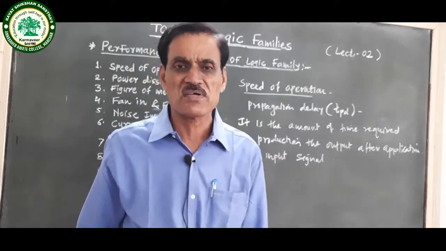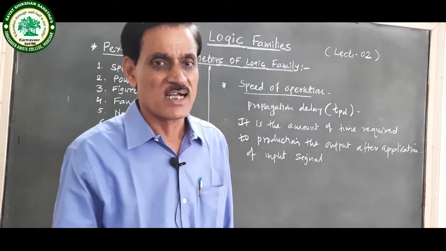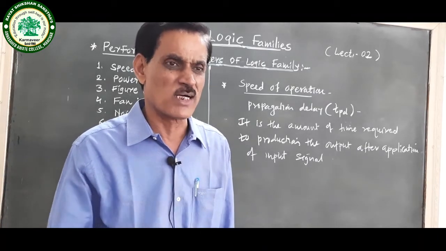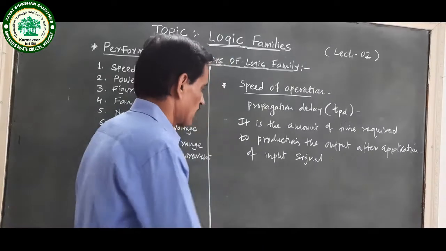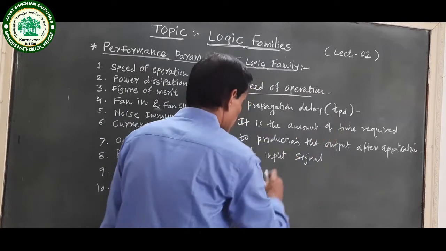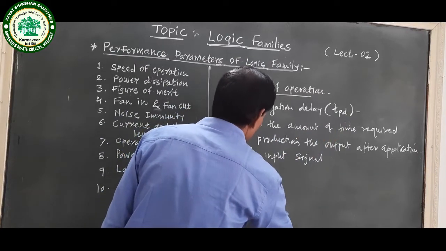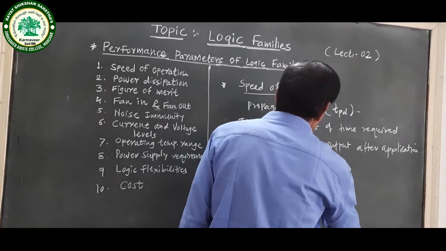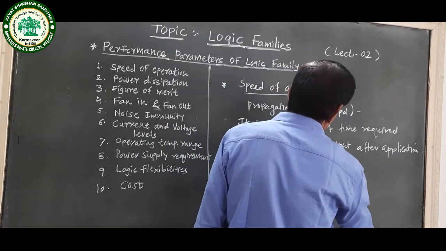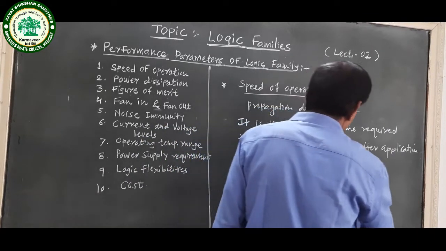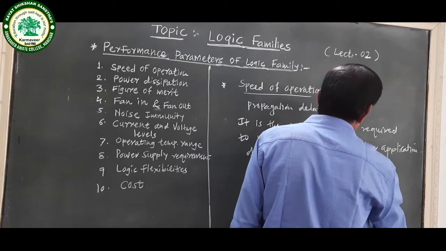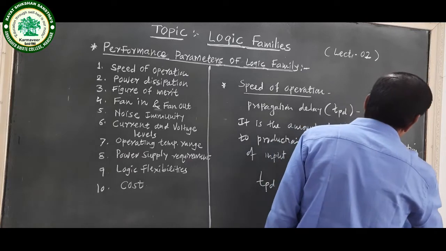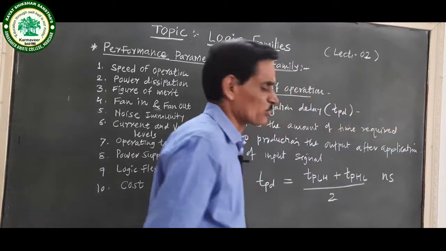The output of any logic circuit either goes to logic high from 0 to 1 or 1 to 0, and therefore the propagation delay time is given by TPD equals TPLH added with TPHL divided by 2, and is measured in terms of nanoseconds.